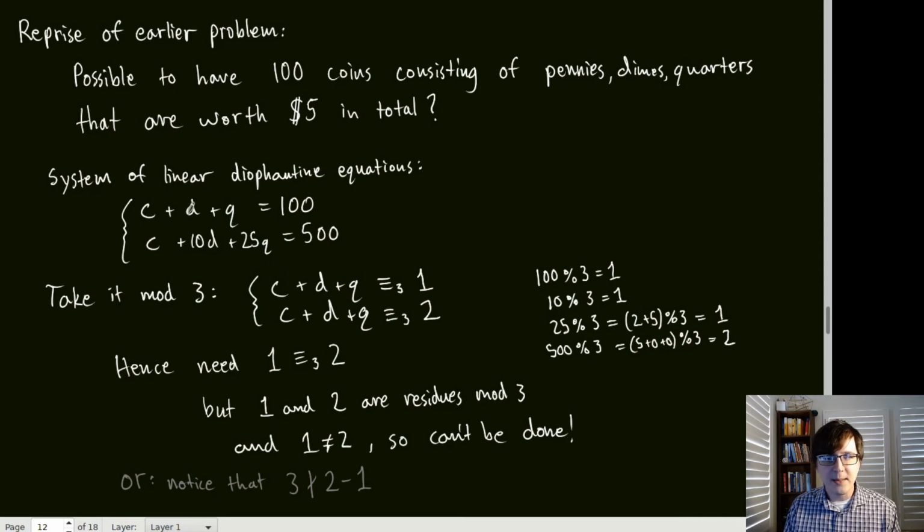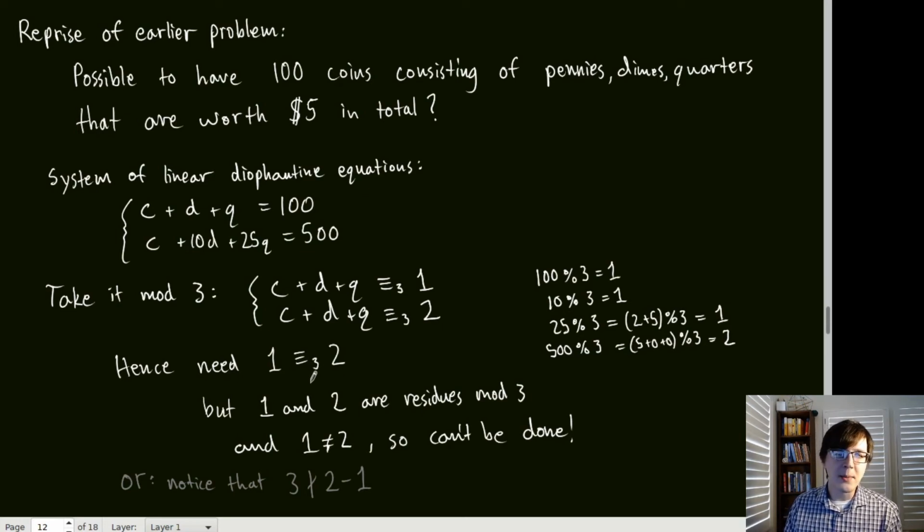Okay, so reducing everything in sight, because these are just expressions involving addition and multiplication, we're allowed to do that. We get that C plus D plus Q is 1 mod 3, and C plus D plus Q is 2 mod 3. And so, by the transitivity and symmetry laws, we have that 1 is congruent mod 3 to C plus D plus Q, which is congruent to 2. So hence we would need that 1 to be 2 mod 3.